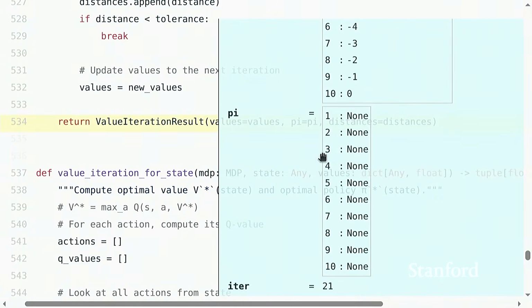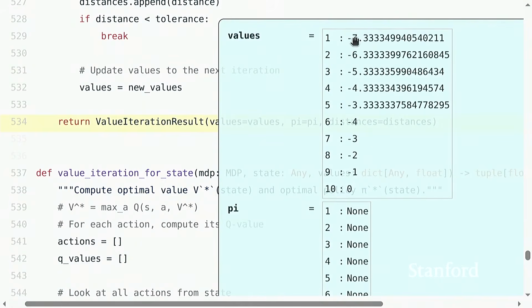Okay, I guess I didn't update this, but you can see the values. So the optimal policy is actually minus 7.3, which is better than the value of taking the tram, if possible, which is also better than walking.